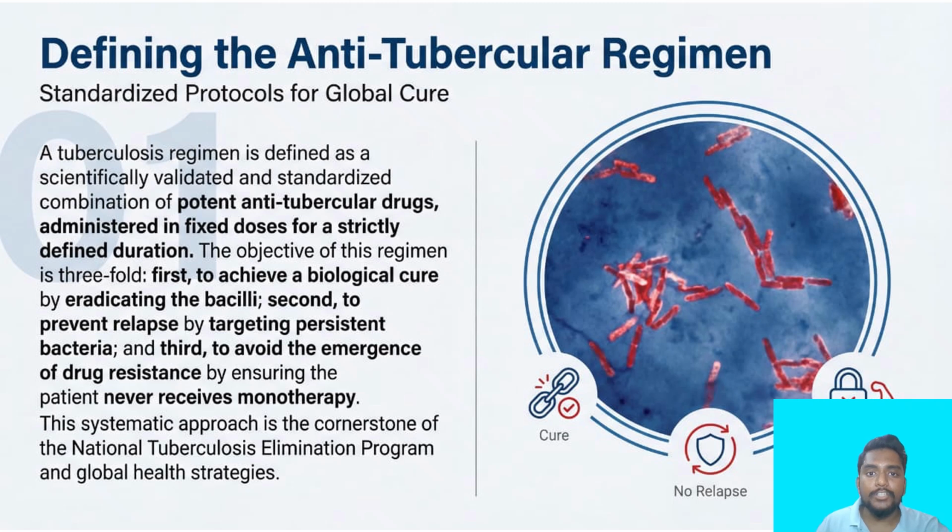So in the case of the anti-tubercular regimen, why do I have to use multiple drugs? I'm using four drugs. What are the four drugs? HRZE. H is isoniazid, R is rifampicin, Z is pyrazinamide, and E is ethambutol. Why is it necessary to use four different drugs?